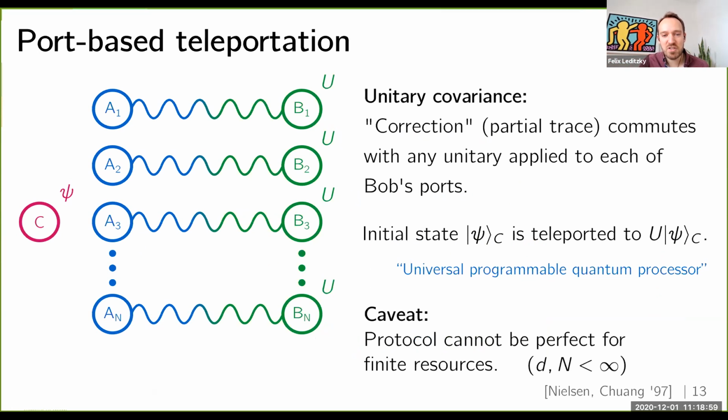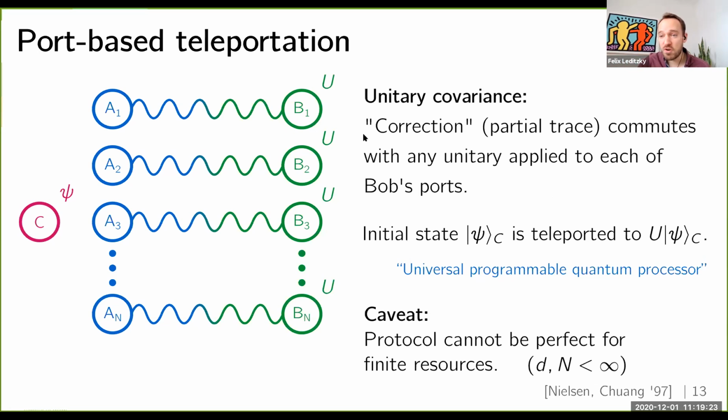And we can capture this idea that you don't have to process it further by saying that the resulting protocol is unitarily covariant, which means that this correction operation, the partial trace over all but one port, commutes with an arbitrary unitary that Bob can apply to each of his ports. Okay, so this is the unitary U here that he can apply to each of his ports.